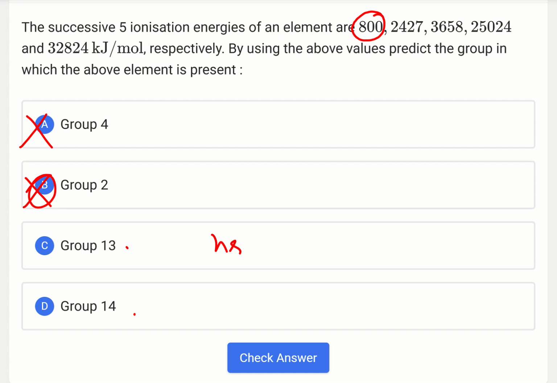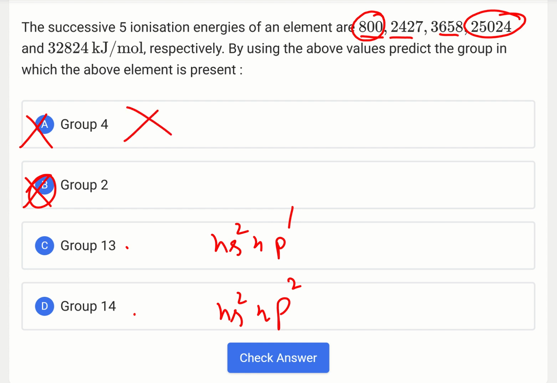Group 13 is ns2 np1 and group 14 is ns2 np2. So, if you note, the first is very low, the second is 3 times, the third is 1.5 times, the fourth is 25,000. That means when you have removed 3 electrons, it has become the noble gas configuration. That means group 4 you will not get. Group 2 you will get noble gas configuration after removing 2 electrons, not our answer.